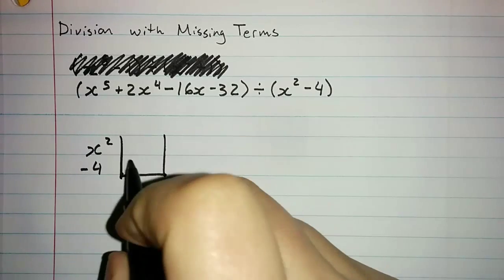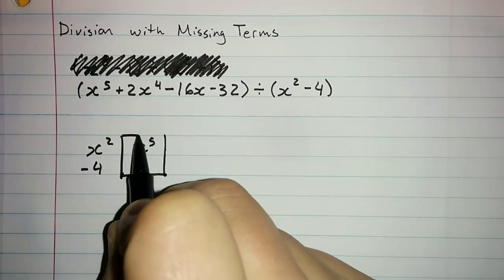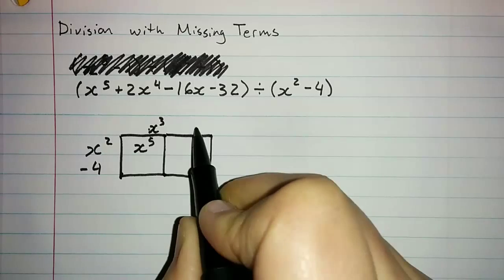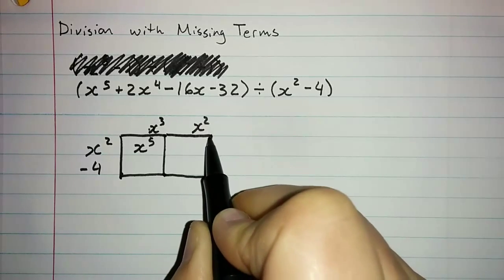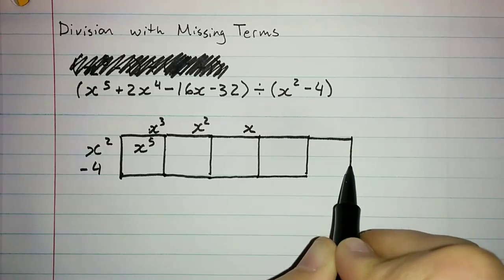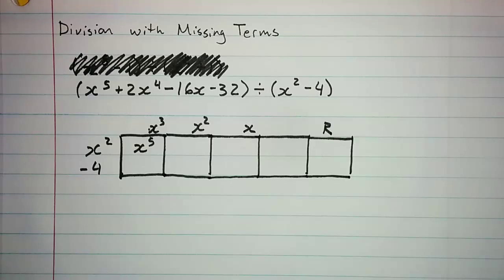We'll need an x to the fifth here, which means we'll start with an x cubed term, have an x squared term, an x term, a constant, and maybe a remainder. What's the problem here?